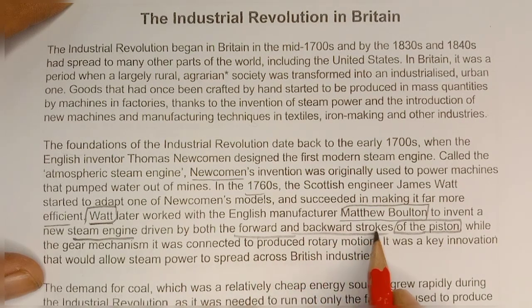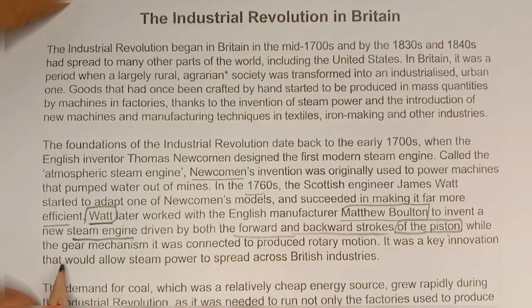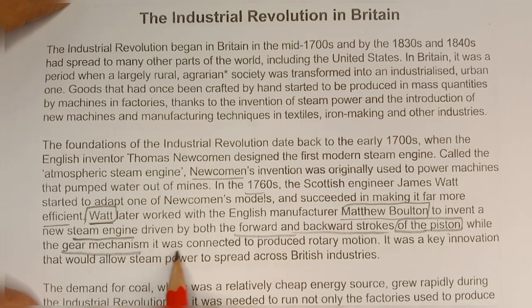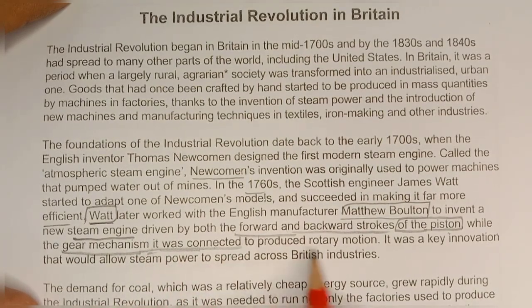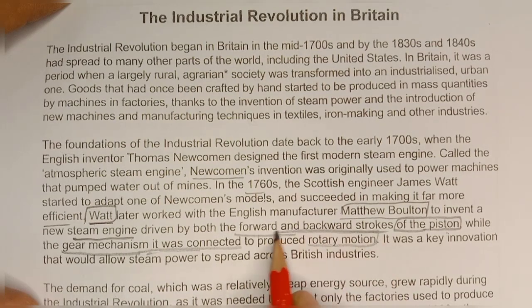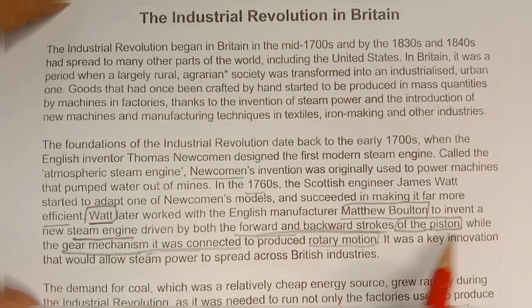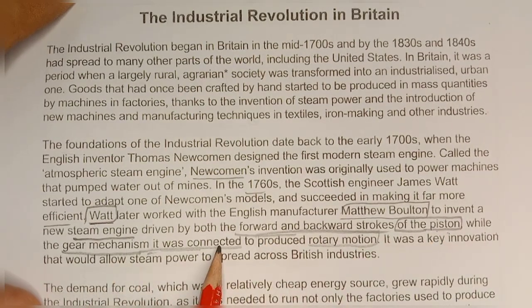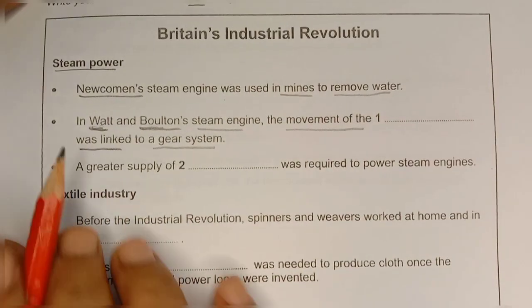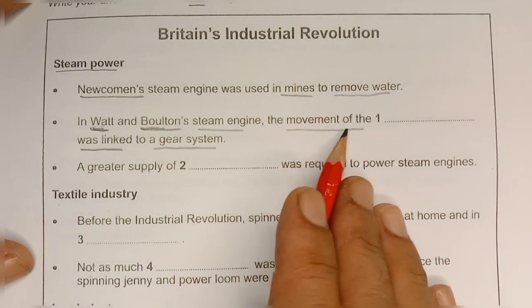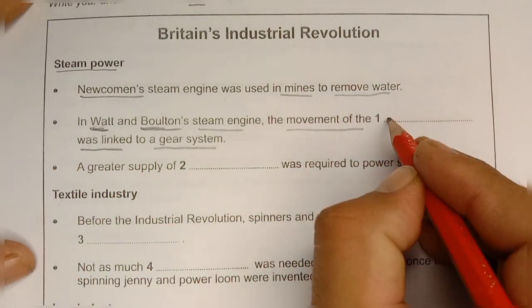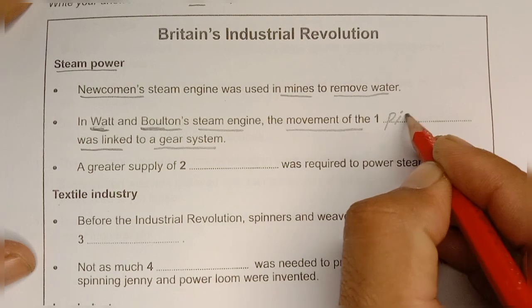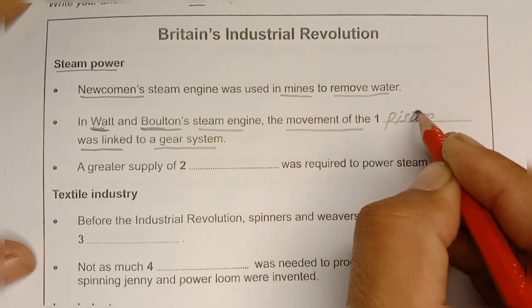Forward and backward strokes of the piston, while the gear mechanism, it was connected to produce rotary motions. Now you can see piston, while the gear mechanism is connected. You can see now here: in the Watt and Boulton steam engine, the movement of the piston was linked to the gear system. Now you see piston, write down the piston.